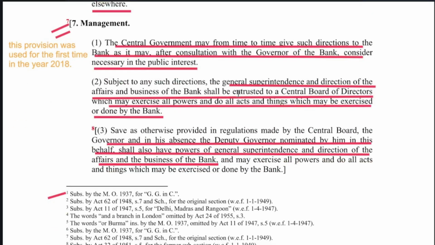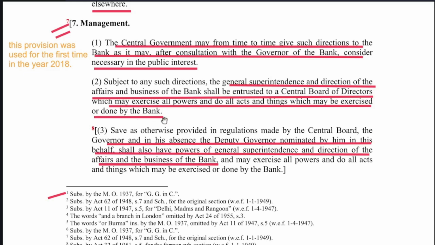Moving on, the general superintendence and control. Who would have general superintendence and control? General superintendence and direction of the affairs and business of the bank shall be entrusted to the central board of directors, meaning thereby that the general operational control of the Reserve Bank of India would be in the hands of the central board of directors, which may exercise all powers and do all acts and things which may be exercised or done by the bank.